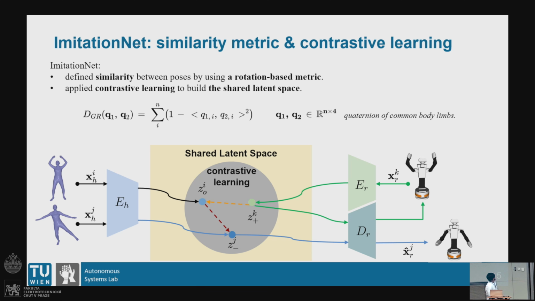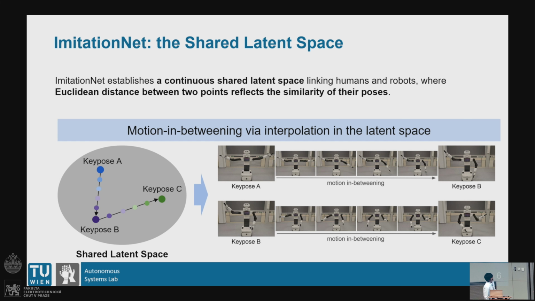And this is learned with a lot of random human data, and a lot of robot data which is generated by forward kinematics. So there's no paired data required, and it uses this similarity metric with a contrastive learning technique to learn this space. I will quickly show some results to show this space is smooth and of high quality.